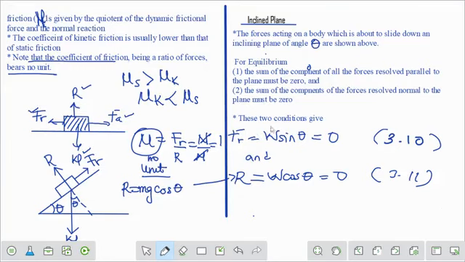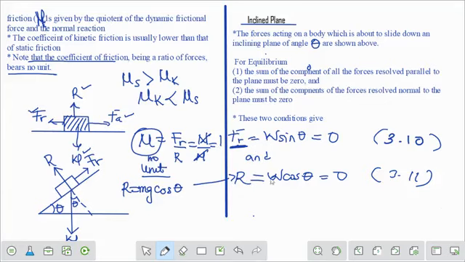Now these two conditions give the horizontal force. This is not frictional force, sorry. It's not really frictional force, though it's just like frictional force. It's like the horizontal force or the sliding force, so it is equal to W sin theta.